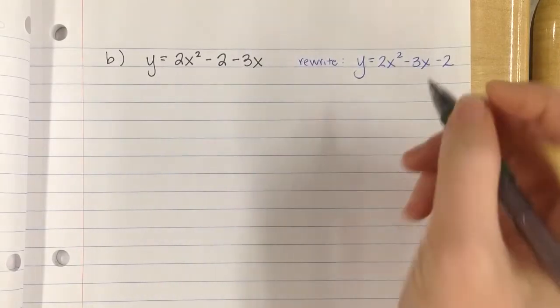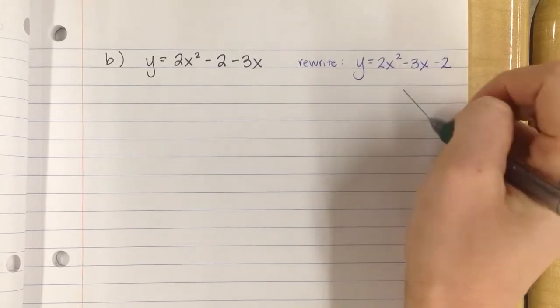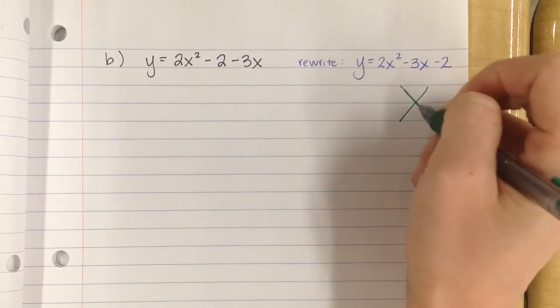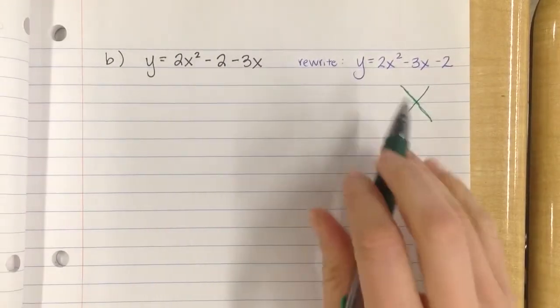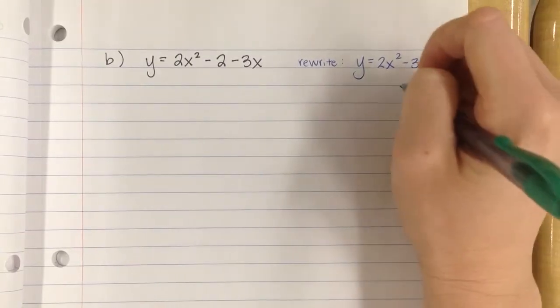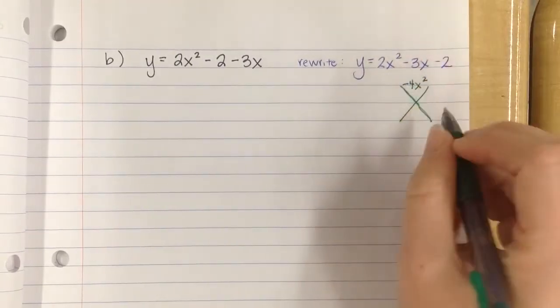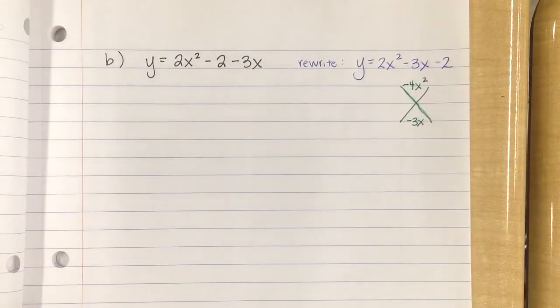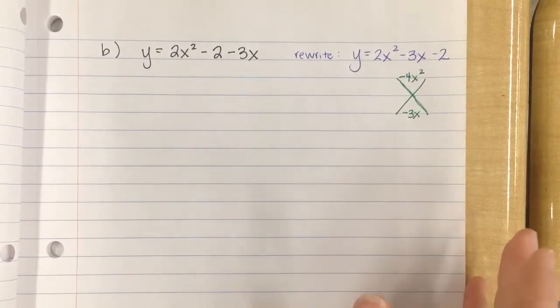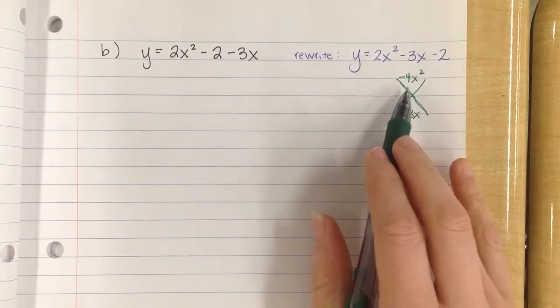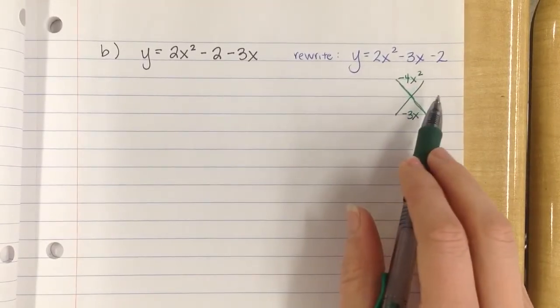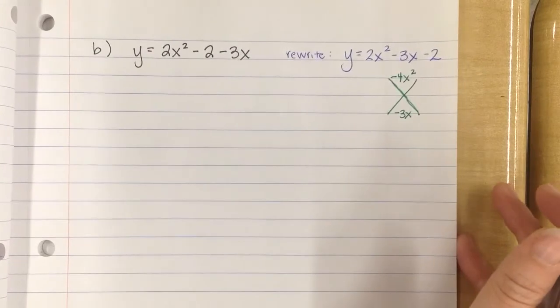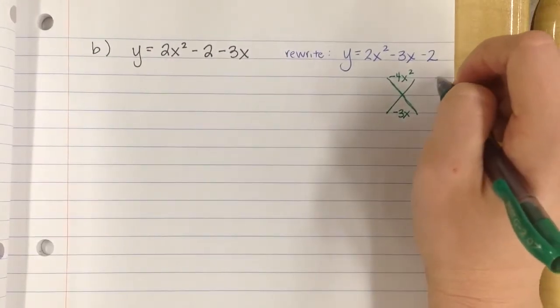We do this by using our diamond factor. I'm going to draw my little x. I do my A value times my C value, so I get -4x squared. I put my B value down in the bottom, -3x, and I ask myself, is there any way to multiply to get -4x squared, but add to get -3x? I would go over here and make my little list.